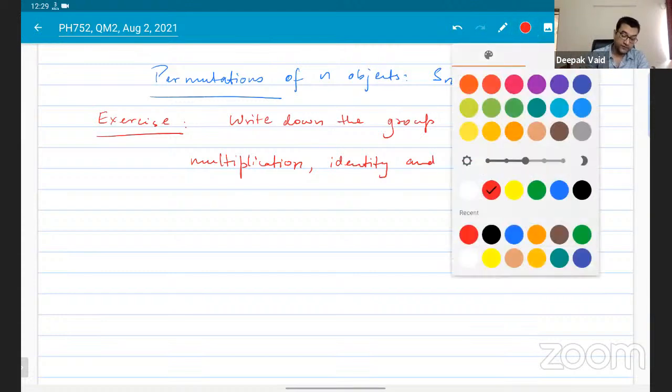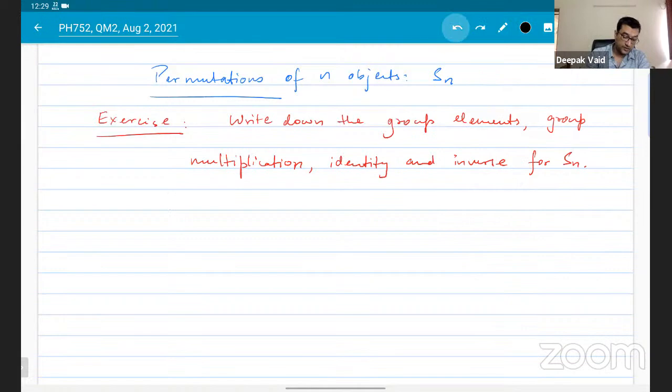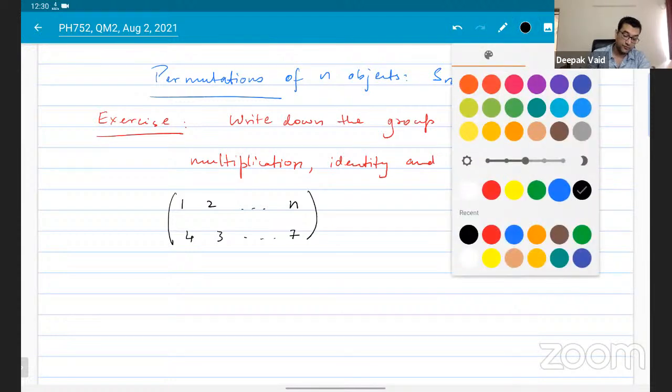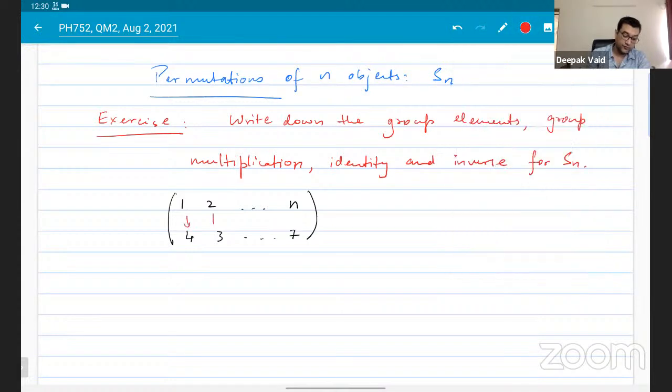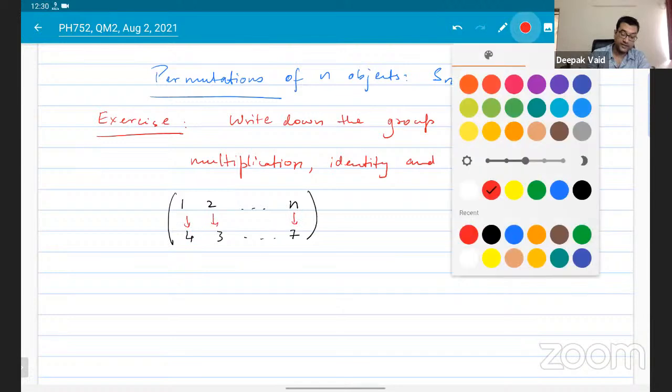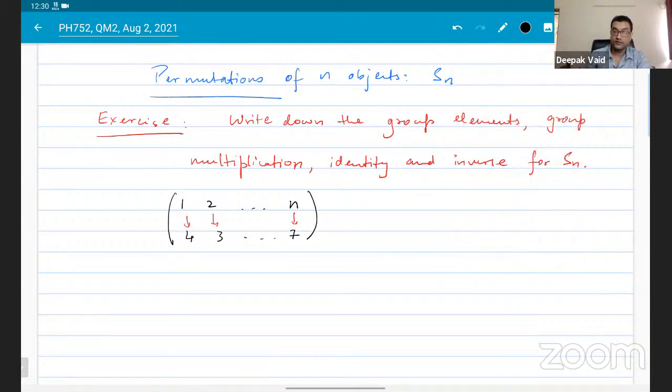So the way you write down a permutation is as follows, right? You say 1, 2 till n. These are your n elements. And then, for instance, you have 4, 3, something, something, 7, something like this, right? So this corresponds to an element of the permutation group. It's telling you that 1 goes to 4, 2 goes to 3, and n goes to 7, right? This is the permutation.